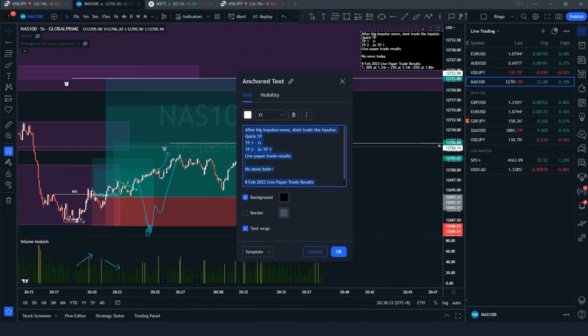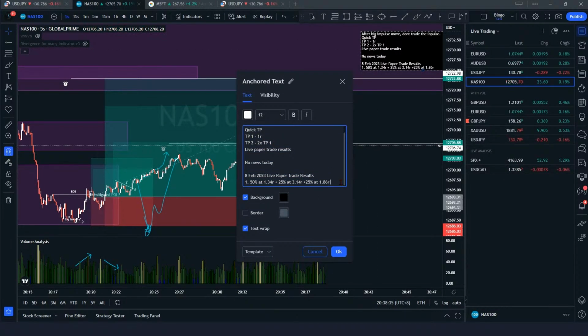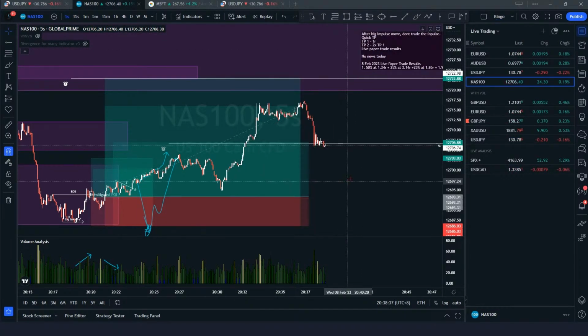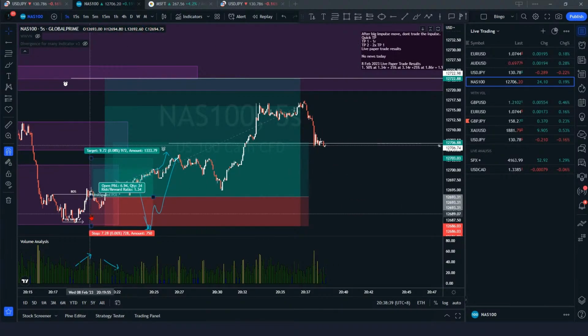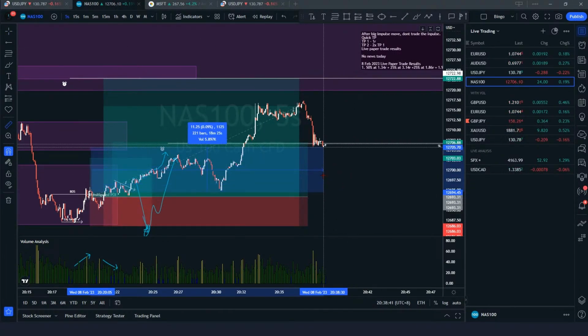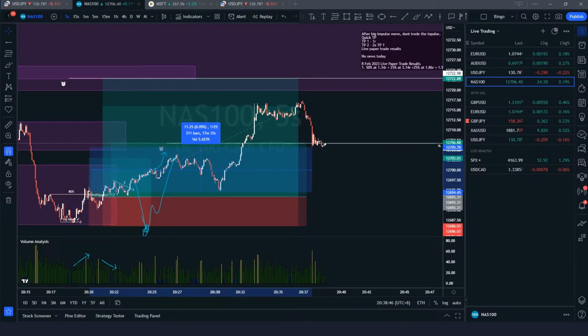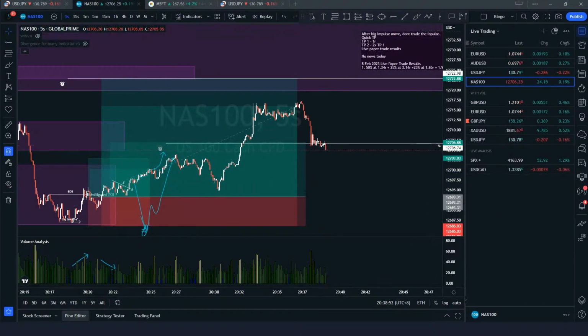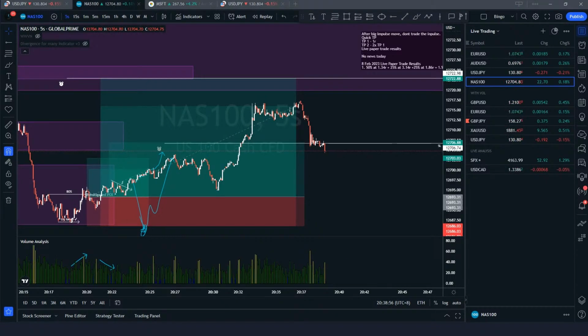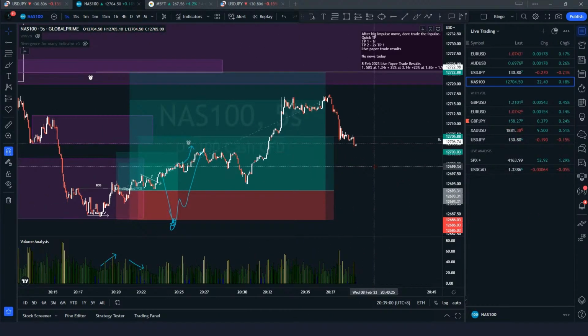Okay, this trade is 17 minutes, 35 seconds. Not that bad. Okay. Whoever took this trade, awesome.